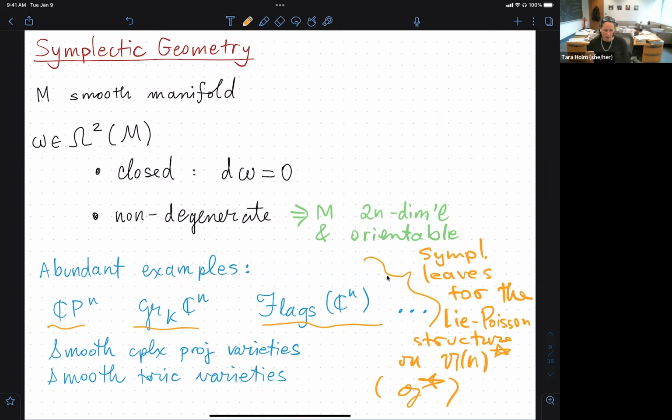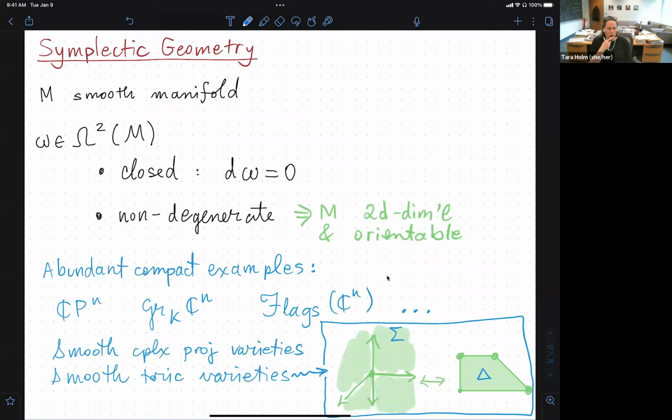More generally, smooth complex projective varieties and smooth toric varieties are examples that a symplectic geometer might think about. And these toric varieties in particular, I'll spend some time telling you a bit about the story.